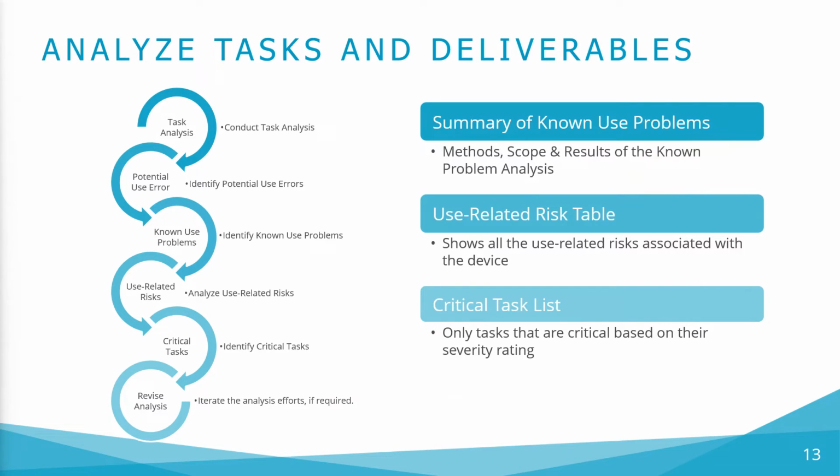After successful completion of the analysis step, update the following in the HFE report: summary of known use problems, analysis of hazards and risk associated with use of the device, description and categorization of critical tasks.